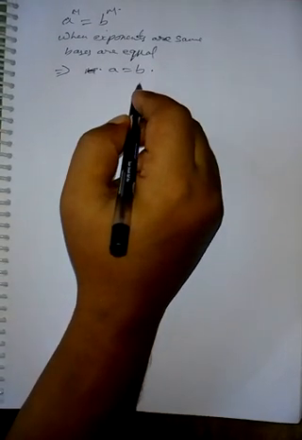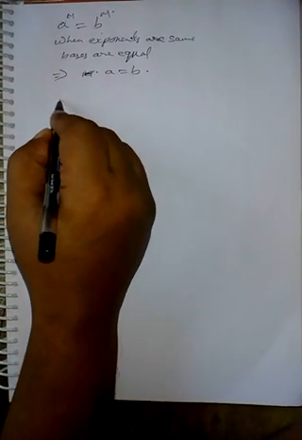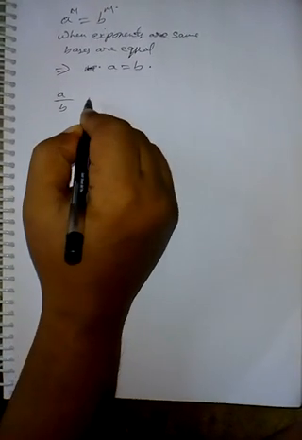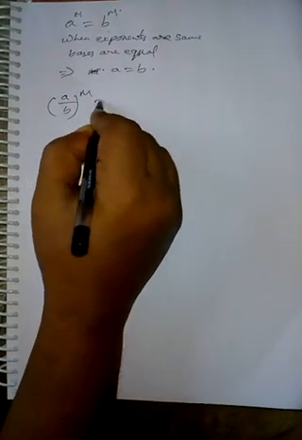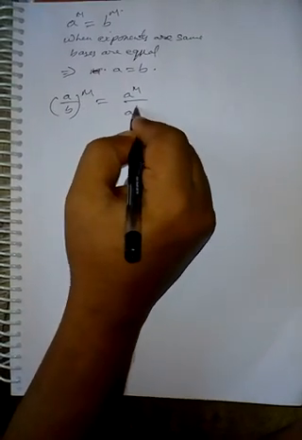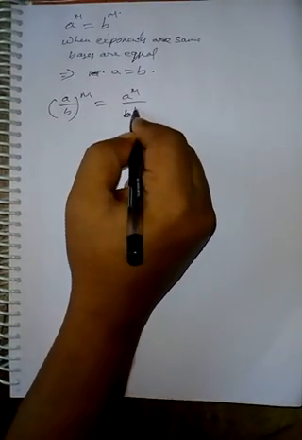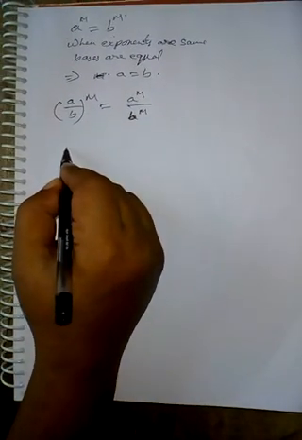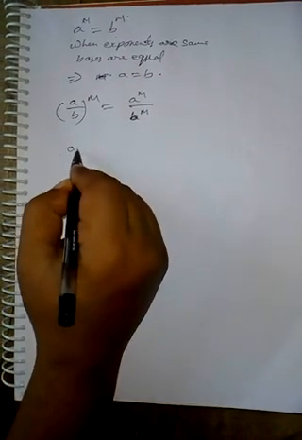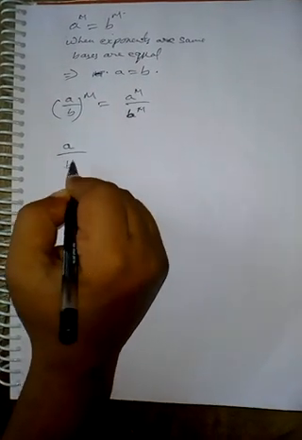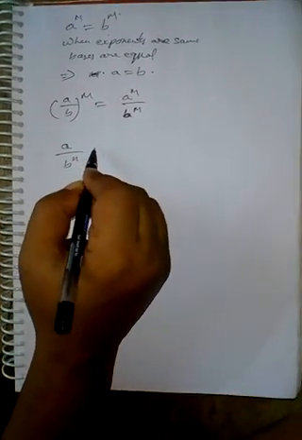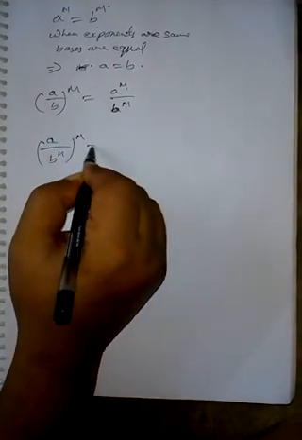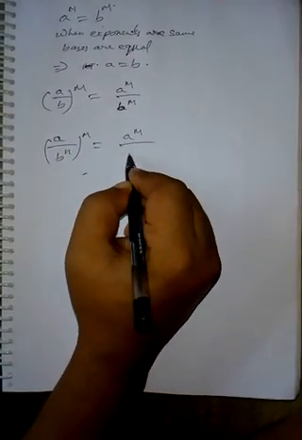So these are some of the laws. Some more laws are like this. Suppose a upon b whole raised to power m can be written as a raised to power m upon b raised to power m. And suppose a raised to power m whole raised to power n can be written as a raised to power mn.